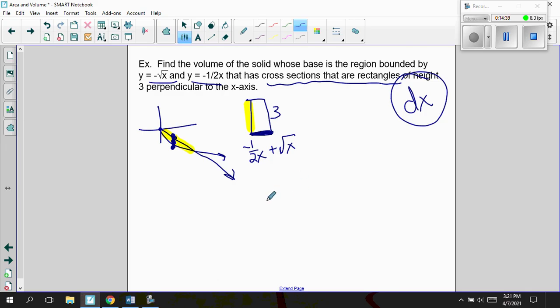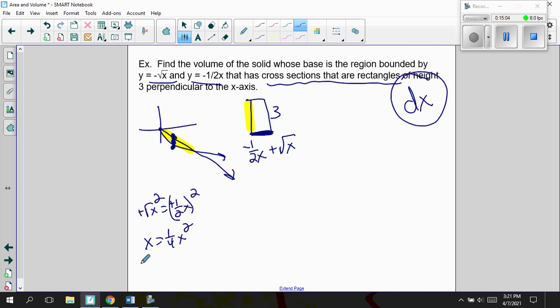I do need to find where those intersect, so let's set them equal to each other. I'd have negative square root of x equals -1/2 x. I'm going to divide the negative off, just to make life easier. Squaring, I very carefully make this 1/4 x squared, because I have to square this side, and the half is on the side.